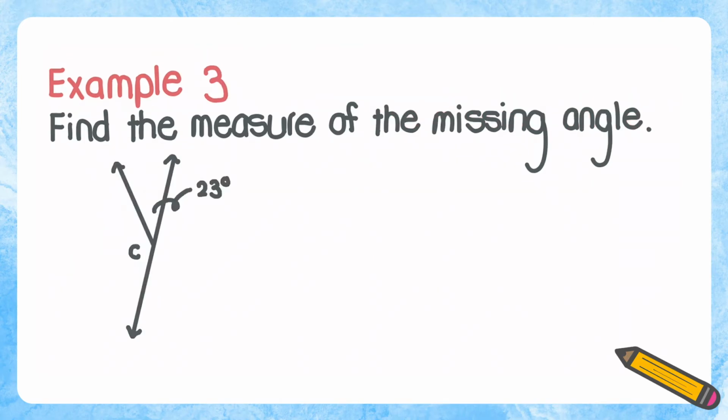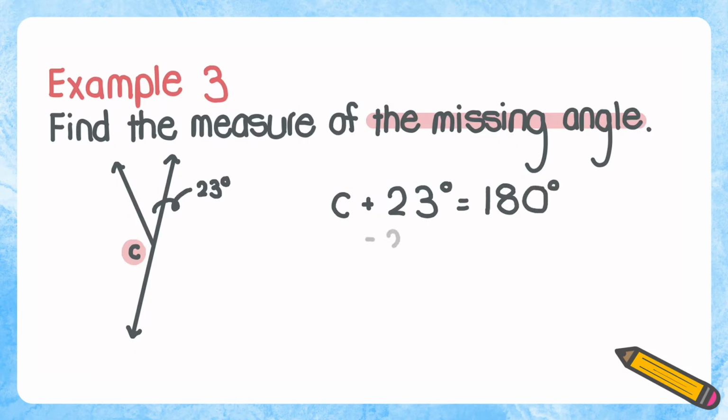Here's one more example for supplementary angles. We're going to find the measure of the missing angle, which for this problem is this angle C. Notice how we have supplementary angles. So C plus 23 degrees equals 180 degrees.